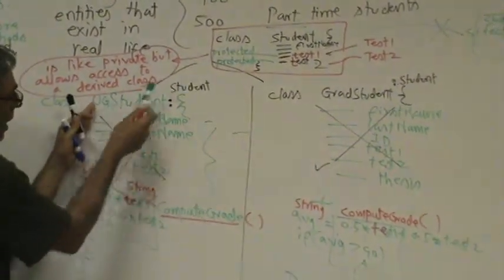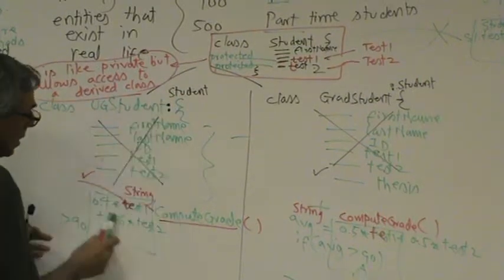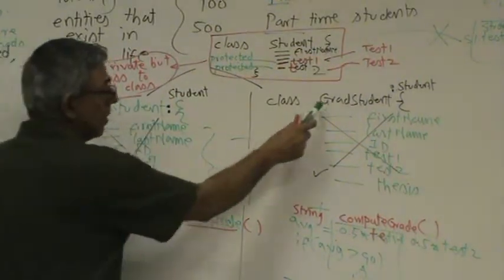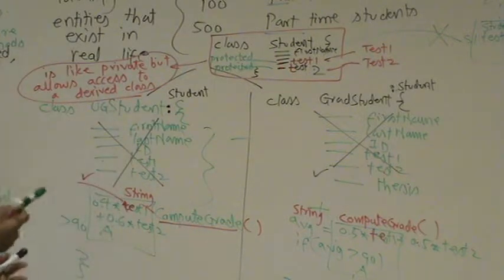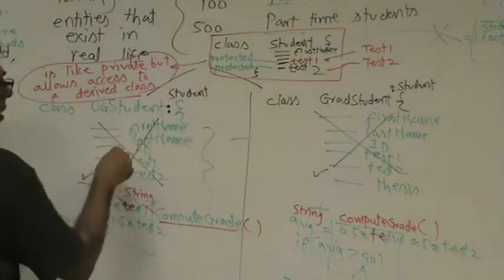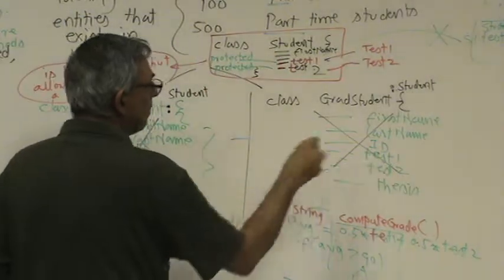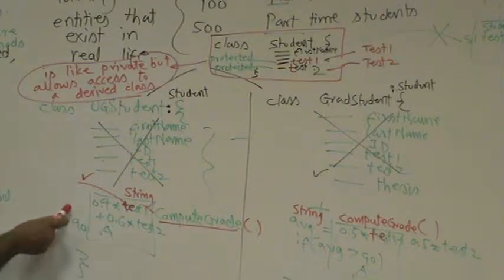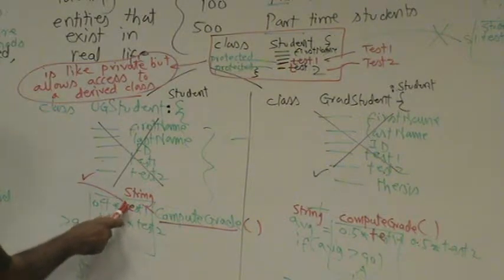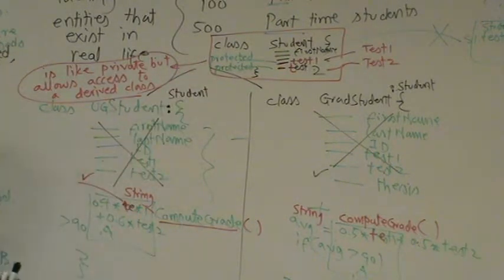When we go and inherit from here, then this is called the undergraduate student or the grad student. That's called the derived class or the child class, okay? So base class, derived class. Anyway, so protected for all practical purposes is private, but it will allow access to the derived class so that it can still use the lowercase t, okay?